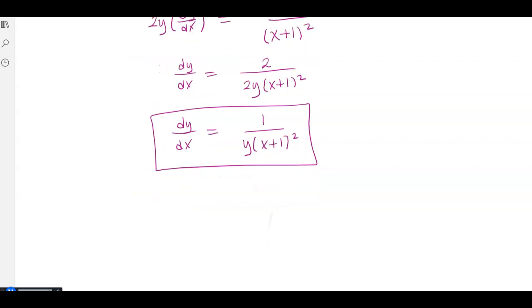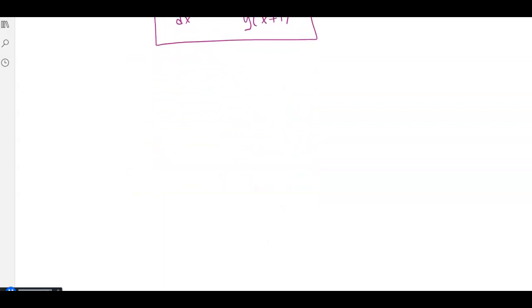All right, let's look at one more example. Let's consider the relation 3xy plus 7, the quantity squared, equaling 6y.